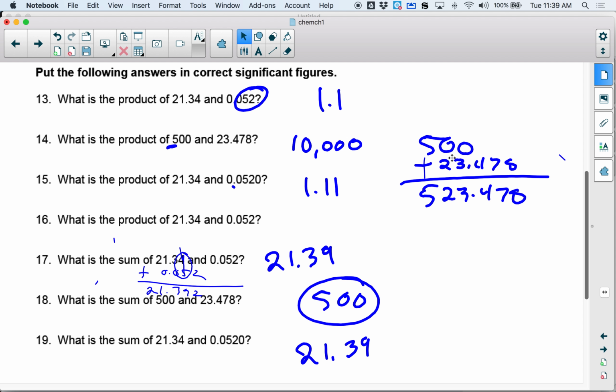You mean right here? This 0 is not significant, so they don't agree right there. They do, okay? Because we know this is not, 173. These places out here, even though we don't write numbers down there, they're technically significant.